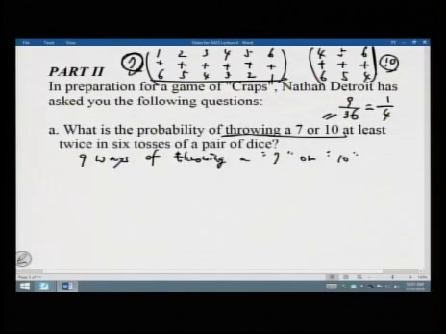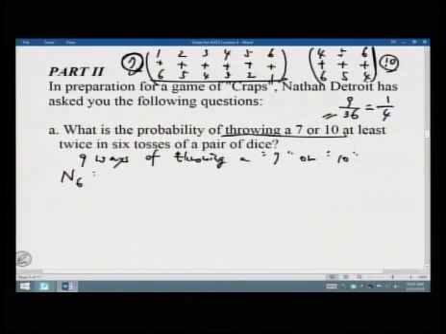So how do you define the random variable in this case? The desired probability is throwing a 7 or 10 at least twice. In how many tosses? 6 tosses of the pair of dice, right? So I would define N sub 6. What is that?